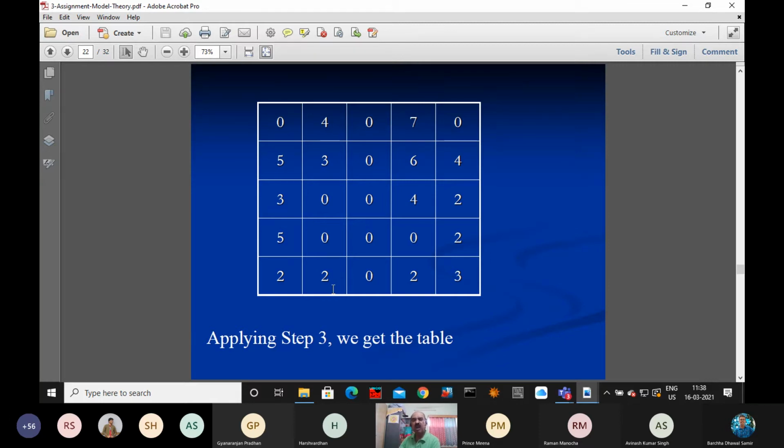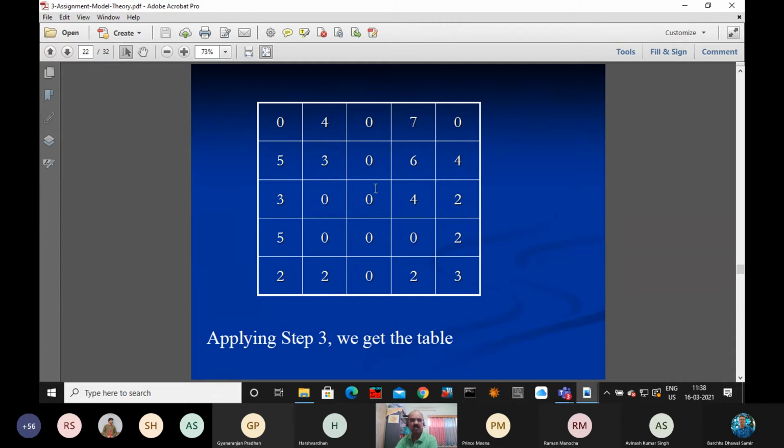So how to proceed? We proceed in this manner. We check a row or a column which has only a single 0. And if you find every row and every column has 2 zeros also, you can take arbitrarily; there will be multiple solutions. In the first row there are 3 zeros, we cannot consider this.